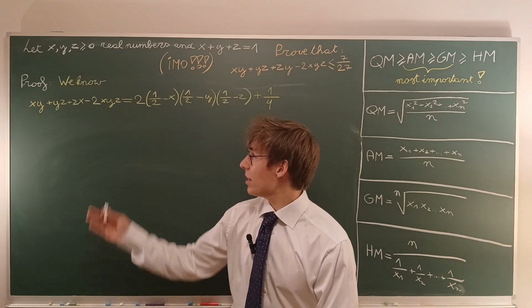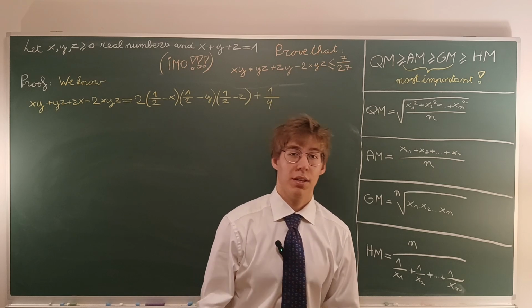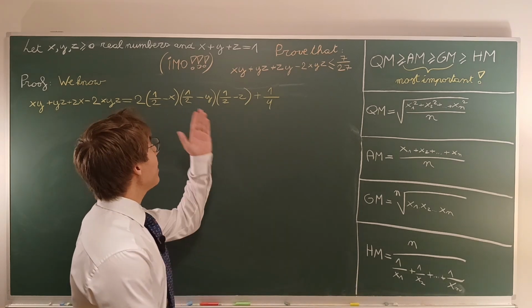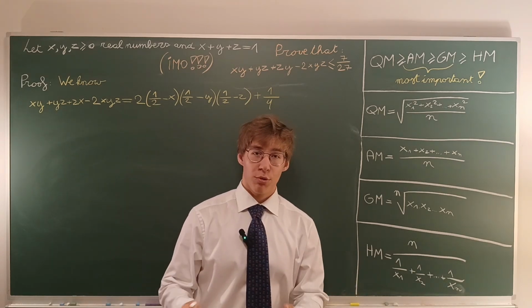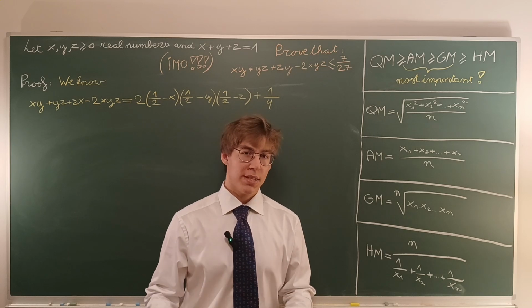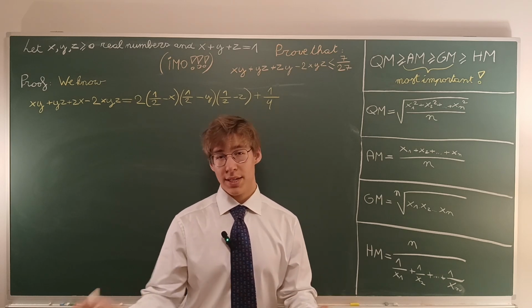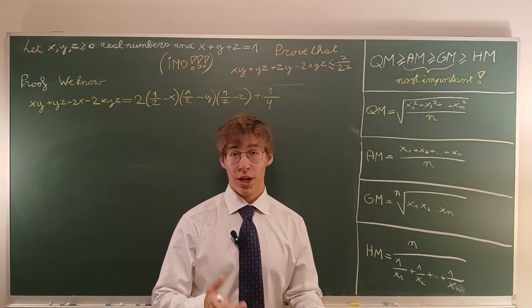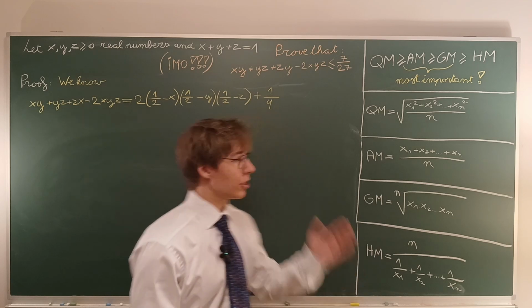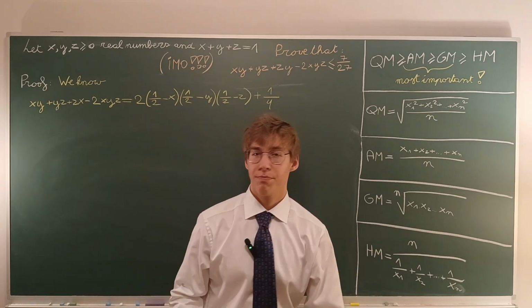Now we have established the following equality. But observe the following. x plus y plus z is equal to 1. Now this means that only one of x, y, and z can be less than 1/2. Otherwise, the sum would be greater than 1.